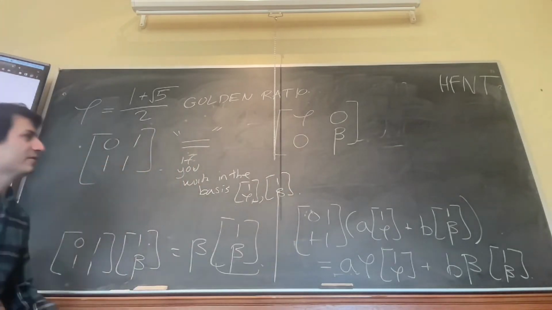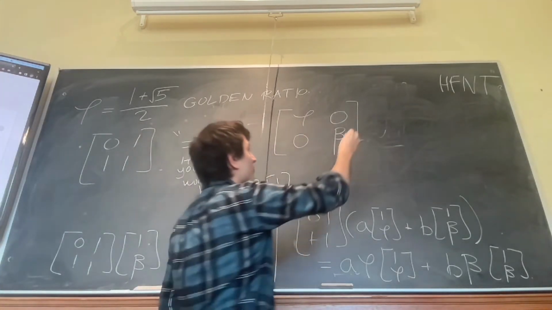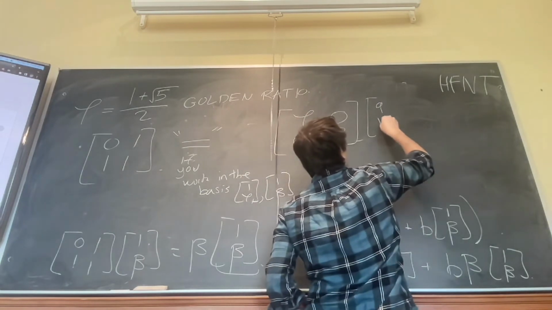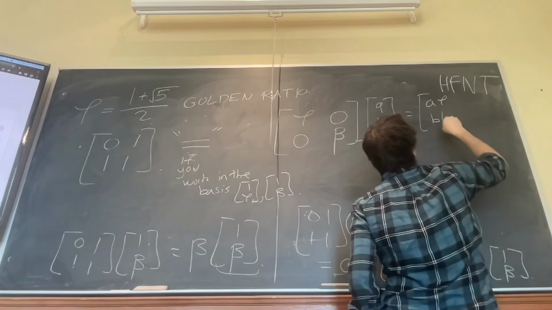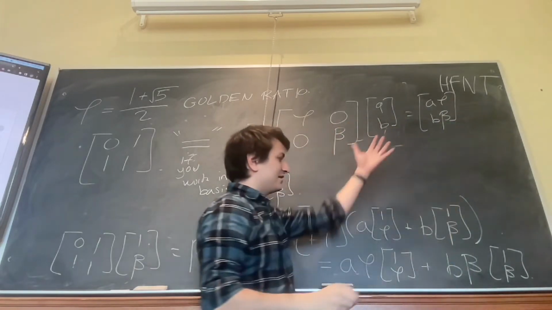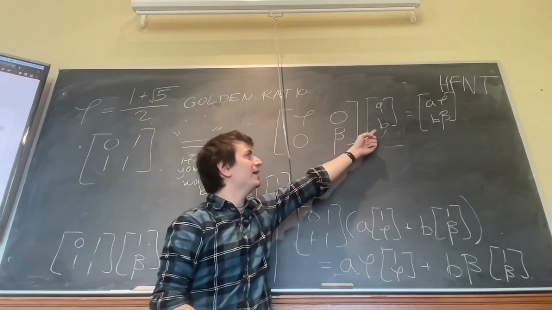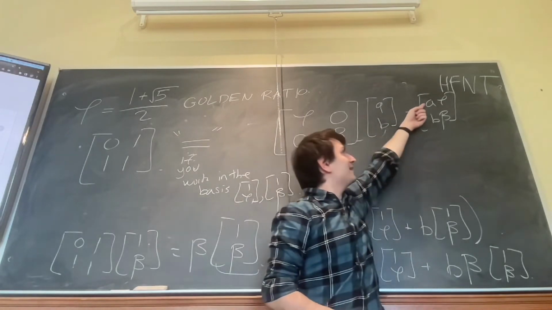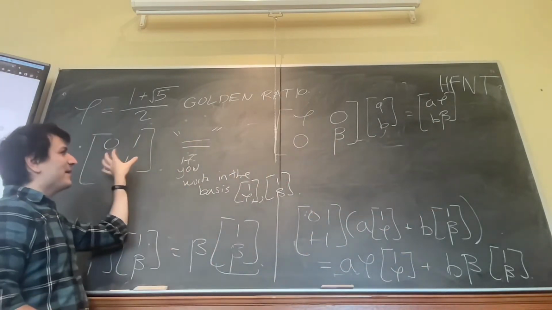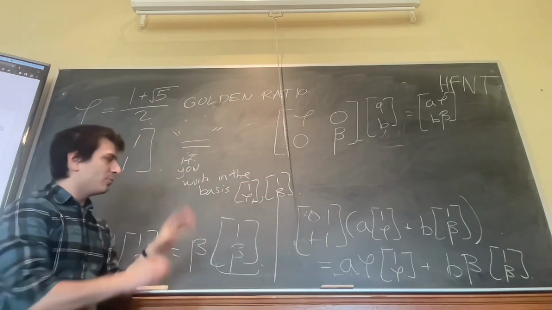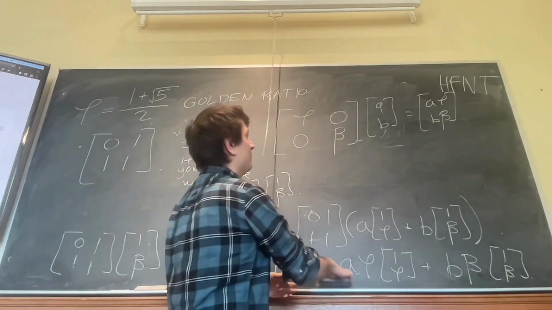So the matrix [phi, 0; 0, beta], if you hit it with some vector (a, b), you would get (a phi, b beta). This equation is exactly what we have here. When you hit it with (a, b), you get a times phi and b times beta. That's exactly what we had already. So in some sense, this matrix is acting just like that matrix. We just have to change into this basis.